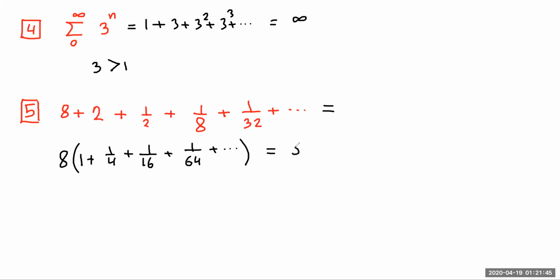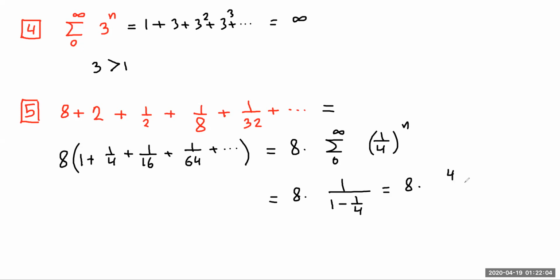So this is 8 times sigma of 1 over 4 power n from 0 to infinity. So it's 8 times 1 over 1 minus 1 over 4. So it's 8 times 4 over 3. So the final answer is 32 over 3.